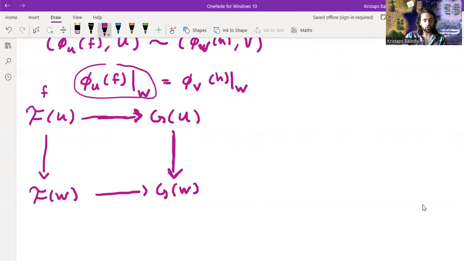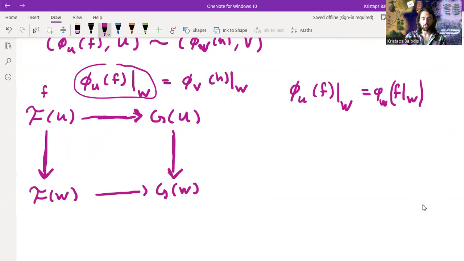But because I've assumed that phi of U is a sheaf morphism, that's the same as if I had first restricted. So I have phi at U of F restricted to W, which is the same as first restricting F down to W and then applying phi at W, right?